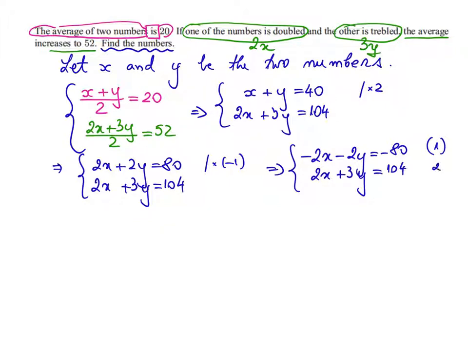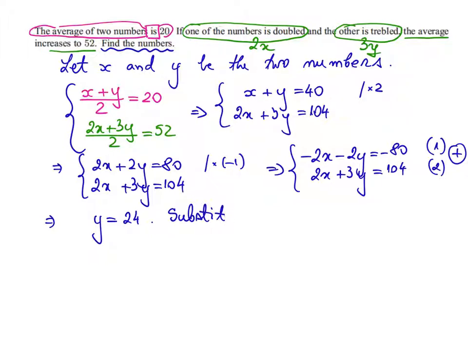Now adding equation 1 and equation 2, minus 2x plus 2x gives 0. Minus 2y plus 3y is y, equals 104 minus 80, which is 24. So I got y. Actually, I was lucky to get it immediately.